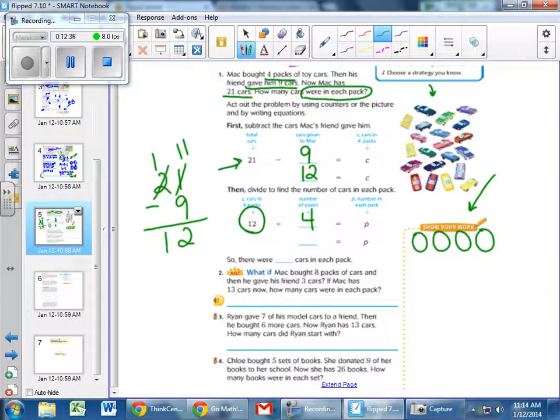And count out your 12. Okay, you should have gotten a factor here that would prove also something times 4 that equals 12. Okay, go ahead and finish up that one.